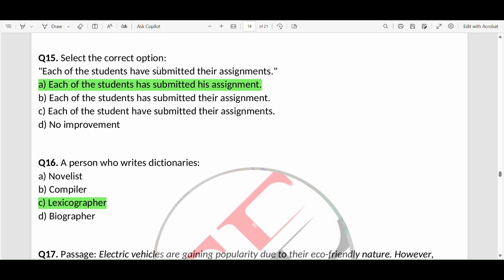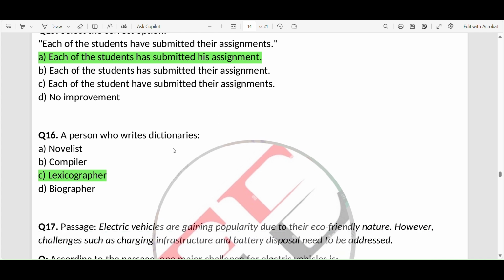So it should be has submitted. Their, no, because it is not plural. His or her should be coming here. Assignments, right? So by verifying the options, we get the first one as the correct one. Each of the students has submitted his assignment. This is the correct option.